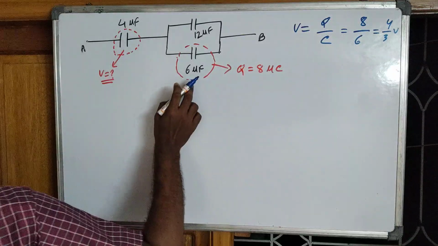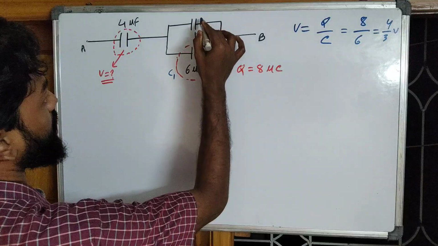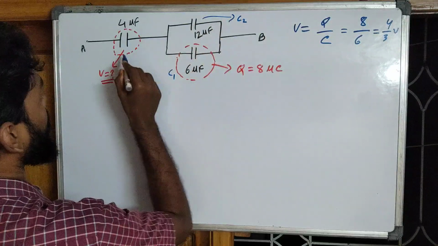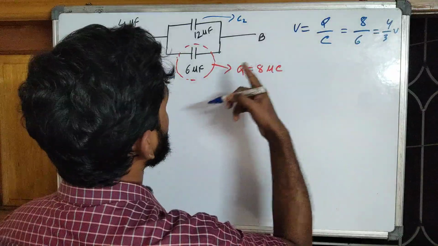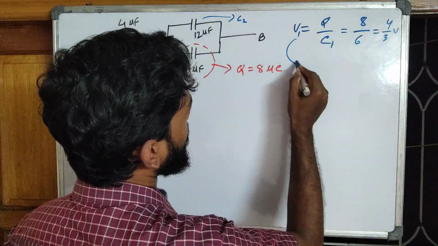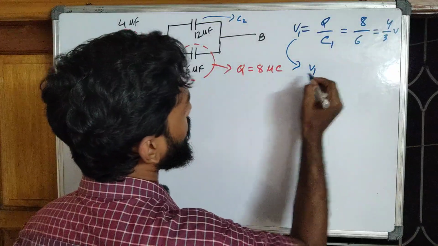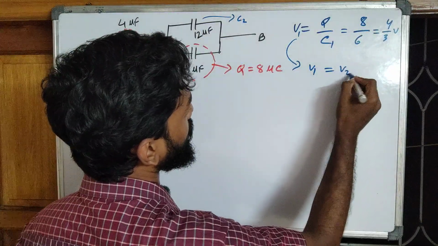Let's name this C1, this C2, and let's suppose this is C3. So this is C1 and this is V1. And the V1 will be equal to V2 as well, because these two are in parallel combination.